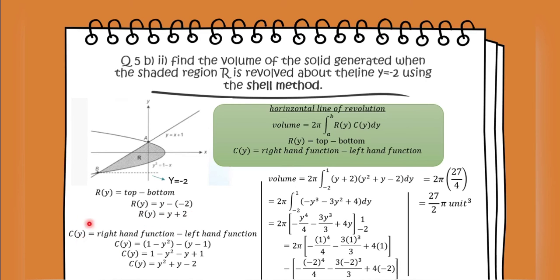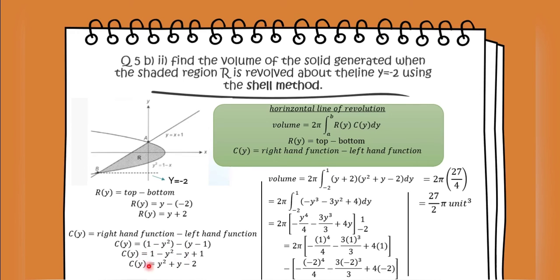And then for c(y), right hand function minus left hand function. What is the equation of the right hand function? Okay, the right hand function is 1 minus y squared, and the left hand function is y minus 1.